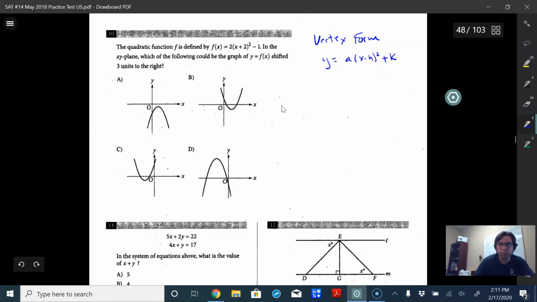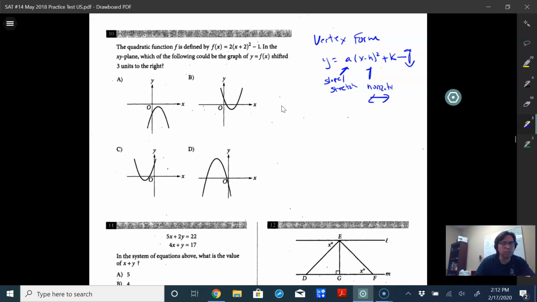And so remember, the a here has to deal with the slope or stretch, so that talks about how wide or narrow your parabolic function is going to be. The h is going to be horizontal shift, so that's right and left, and then the k is going to be vertical shift, which is up and down.